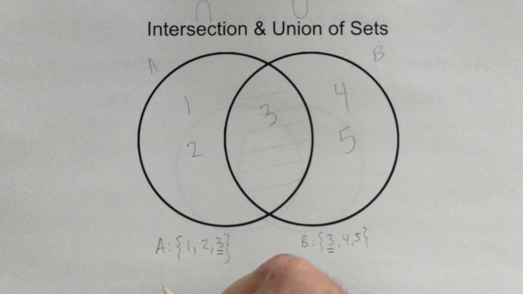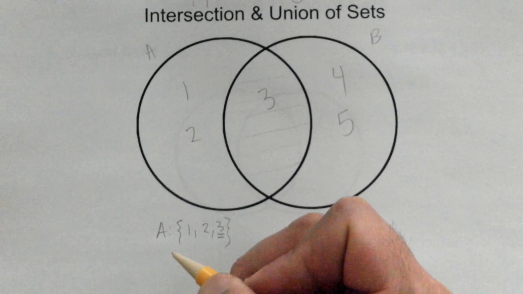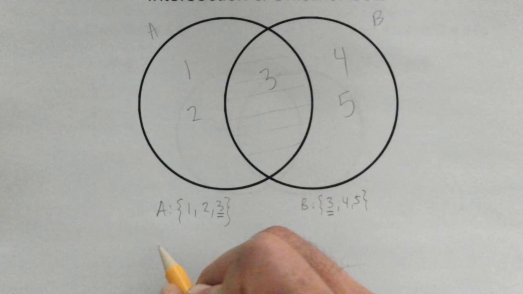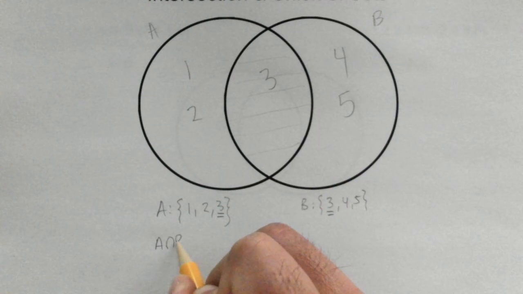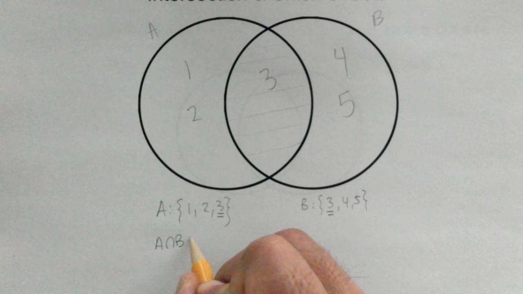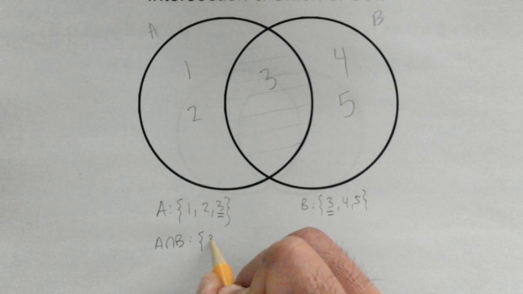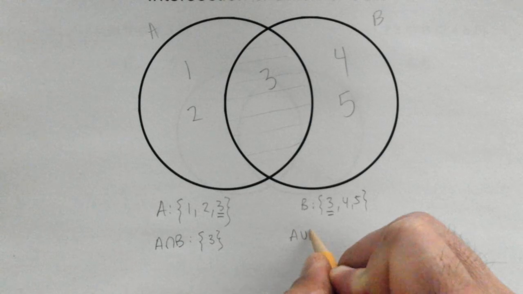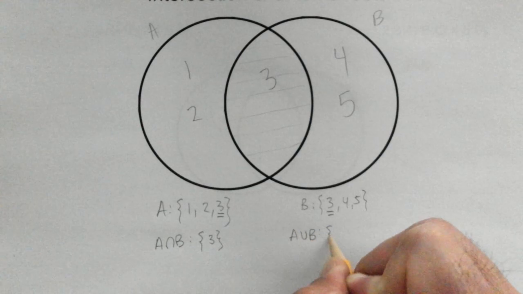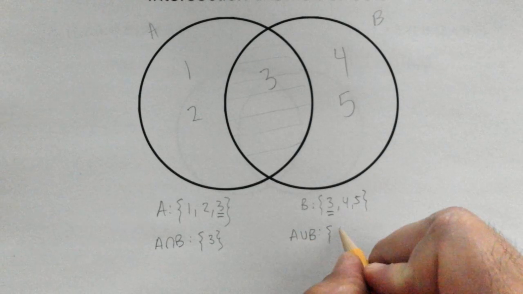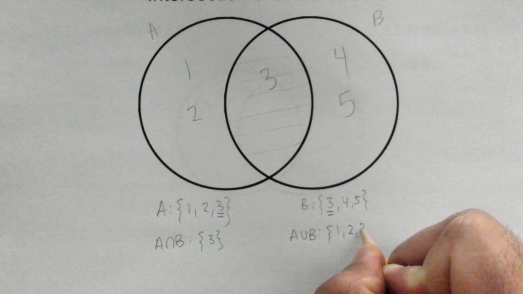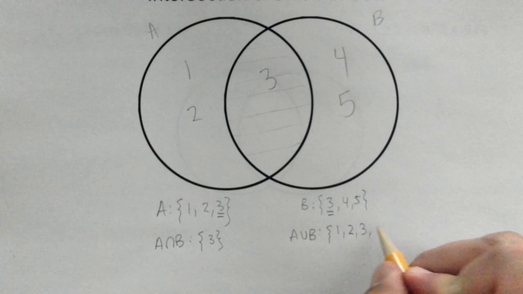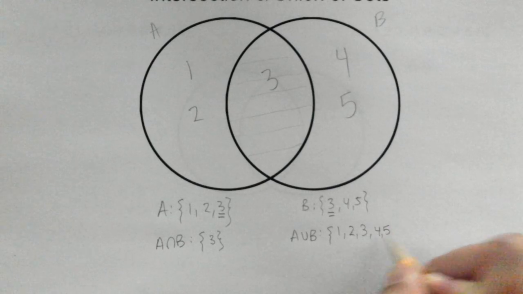So if I were to write the notation, let's say we're dealing with the intersection of A and B. This is where they overlap. The parts they have in common would be just 3. And for A or B, the union, we're talking about everything in A, 1, 2, 3, and everything in B, 3, 4, 5.